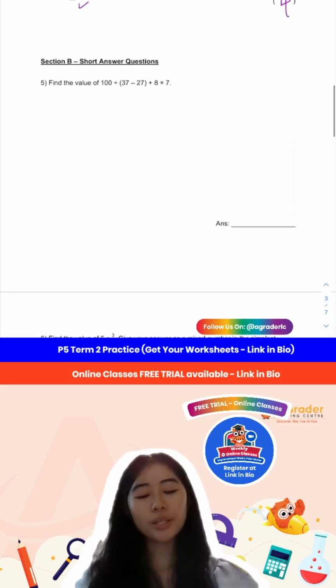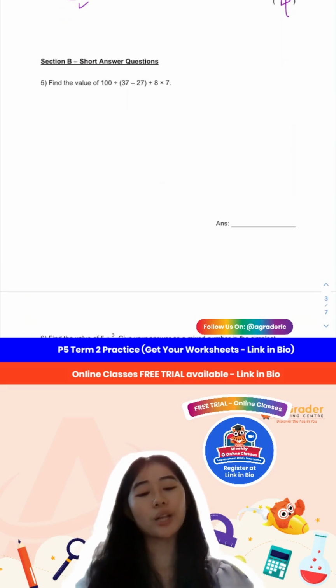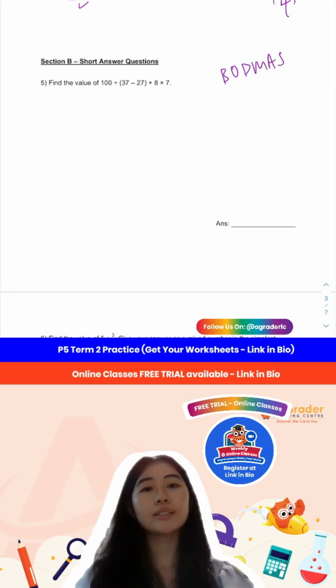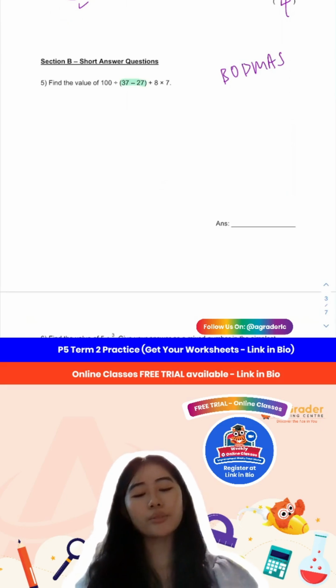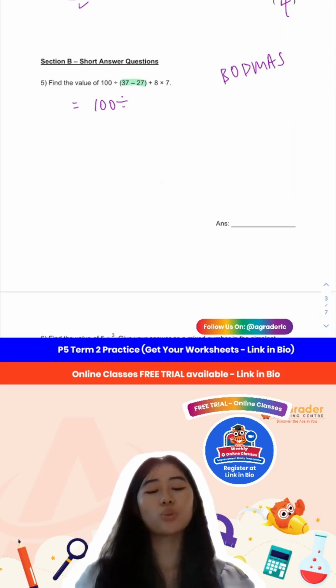Alright, so let's go through this. If you attended the P5 live just now, it's the same thing, right? You use BODMAS. Let's do B for brackets first. Within the bracket, you have 37 minus 27, which is just 10.